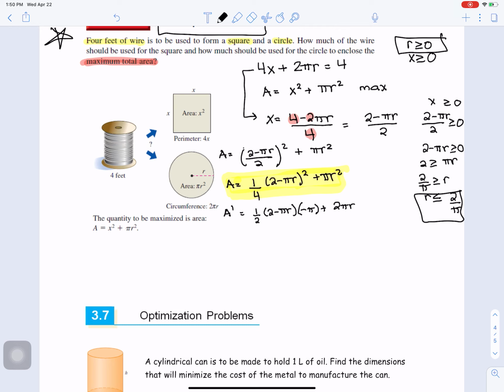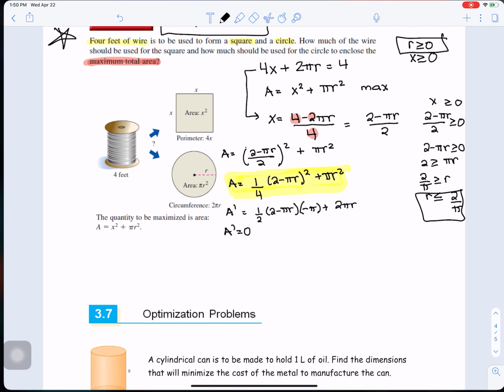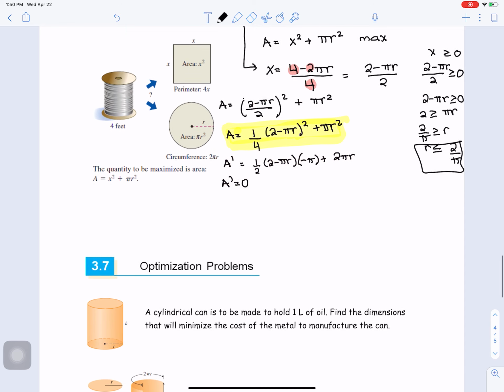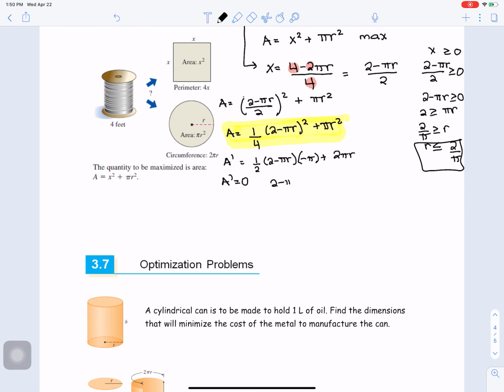And I want to take, where does A prime equal 0? I'm going to multiply the whole equation by 2, and I would get (2 minus pi r) times minus pi, or, well, I should be careful, plus 4 pi r equals 0.